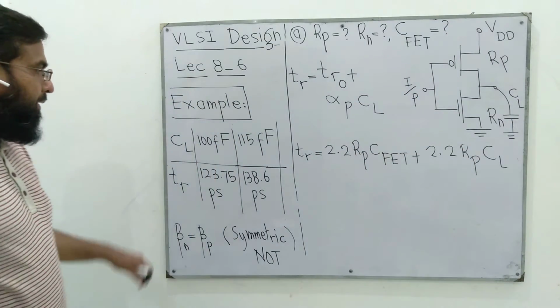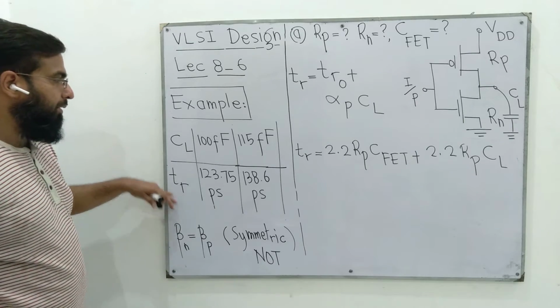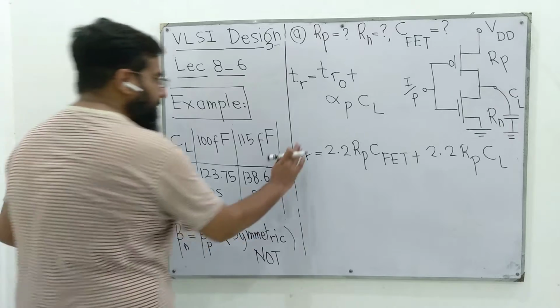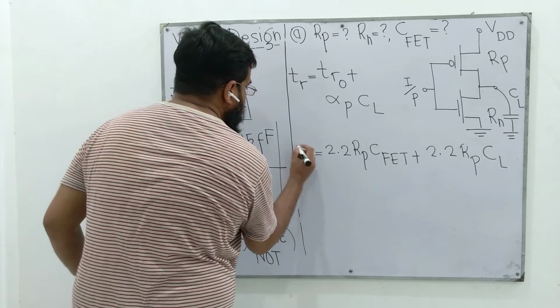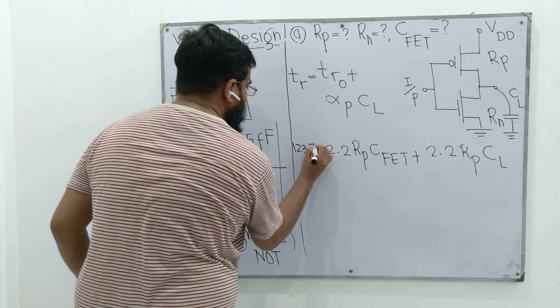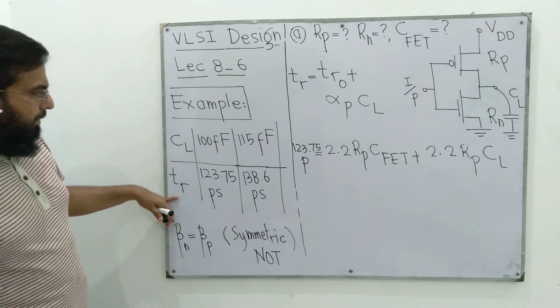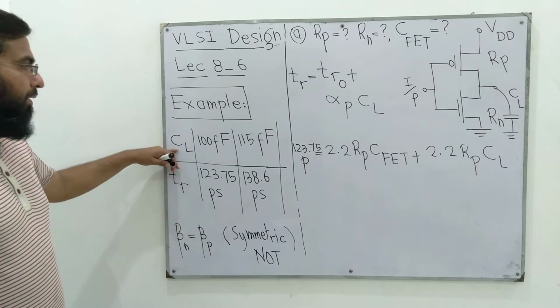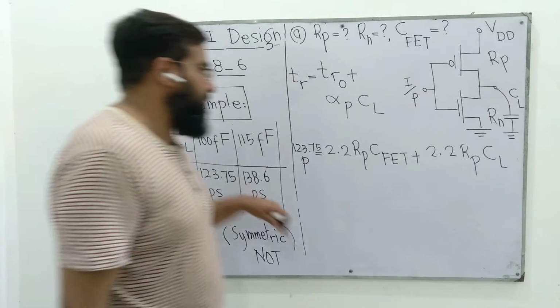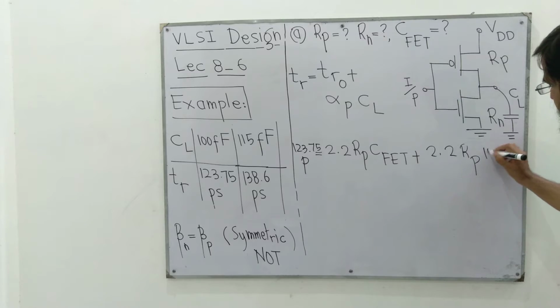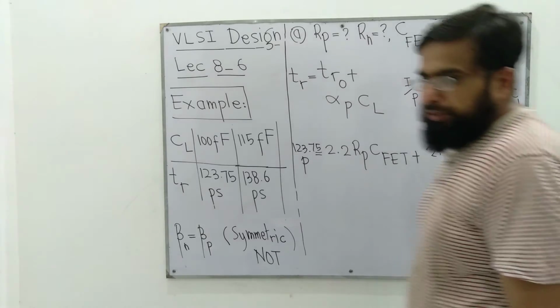So let's put the value of TR and CL in this equation. TR is 123.75 pico, meaning 10 to the minus 12, where CL is 100 femto. Femto means 10 to the minus 15.